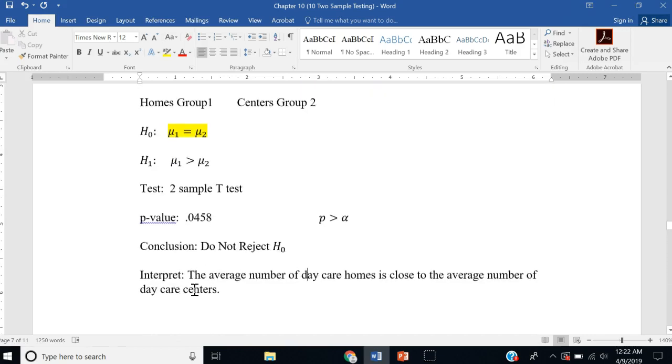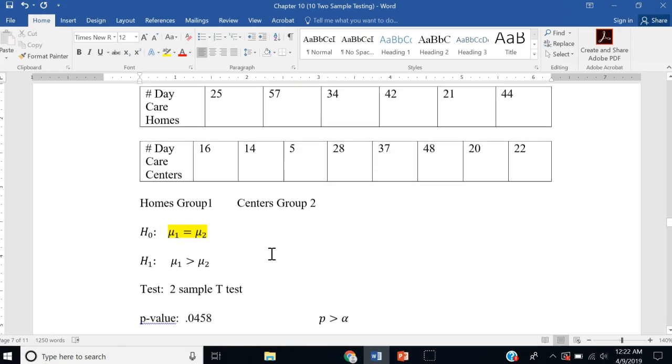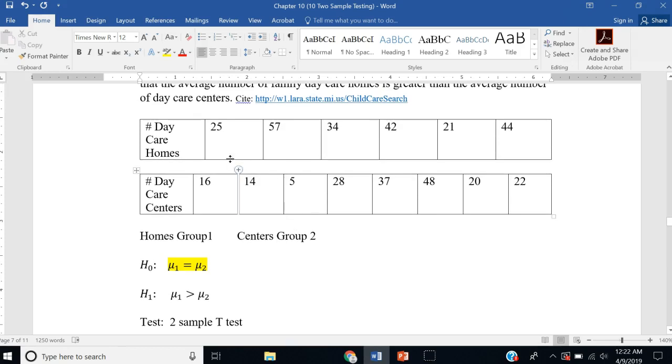But that's it. That's what we have to deal with. So hopefully that makes sense, that if we just have raw data that is not paired up, then we just use list 1 and list 2 of our calculator. We let group 1 be L1, group 2 be L2, and then utilize that.